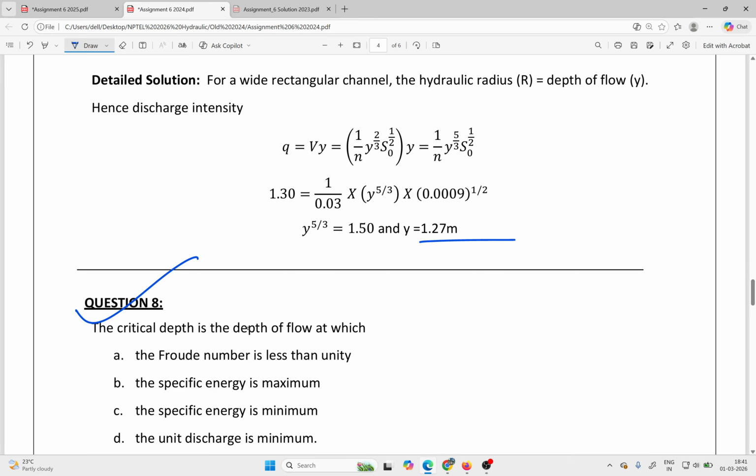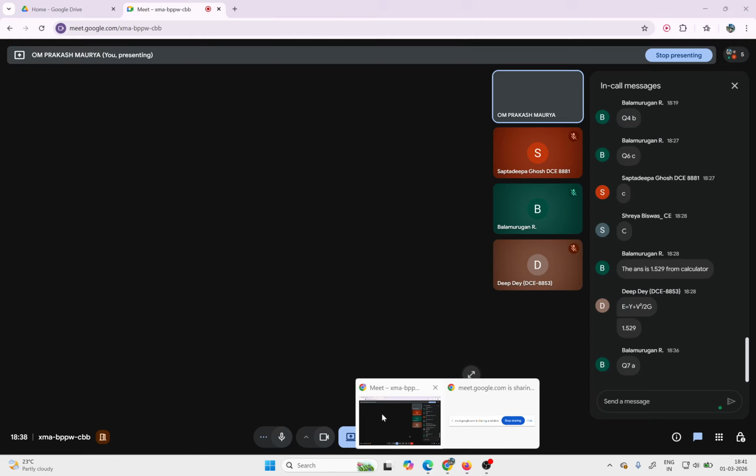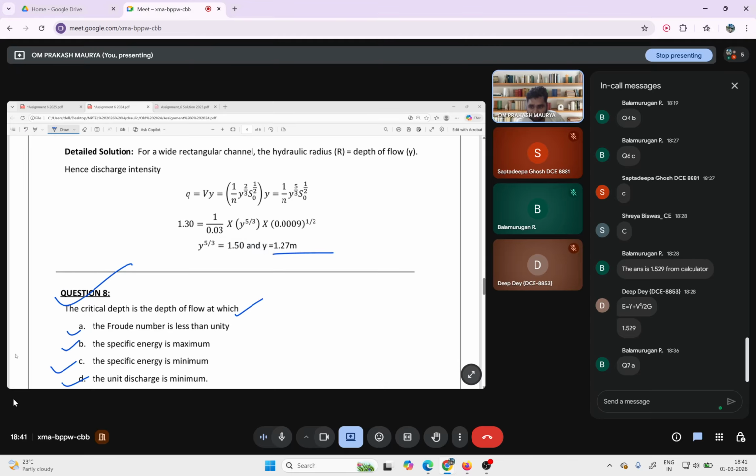Question 8: the critical depth is the depth of flow at which the Froude number is less than unity, the specific energy is maximum, the specific energy is minimum, or the unit discharge is minimum. The critical depth is the depth of flow at which. Just try to think and write your answer in the chat box, please.